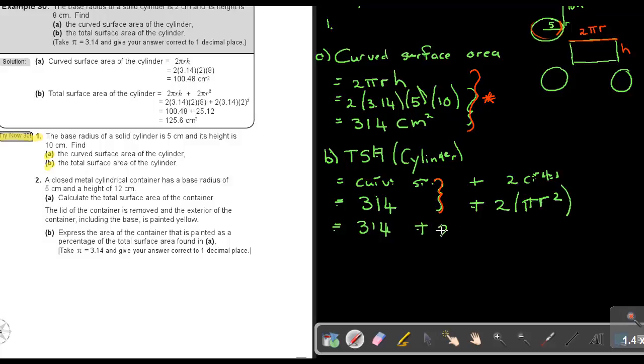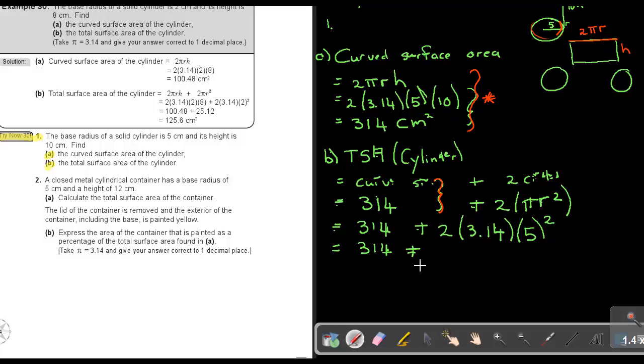Then 3.14 and the radius will still be 5, squared.